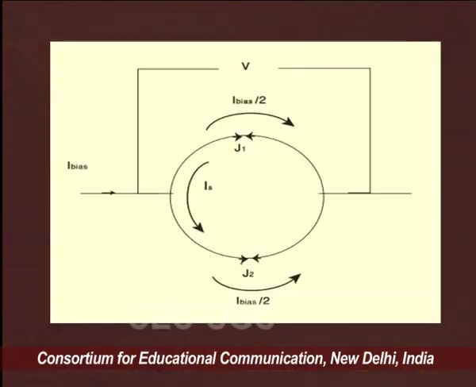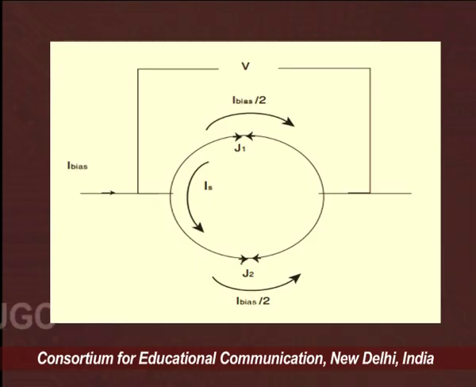The critical current of the junction is much less than the critical current of the main ring. So this produces a very low current density, making the momentum of the electron pair small. Now, this is the circuit diagram of the SQUID that you are seeing here.